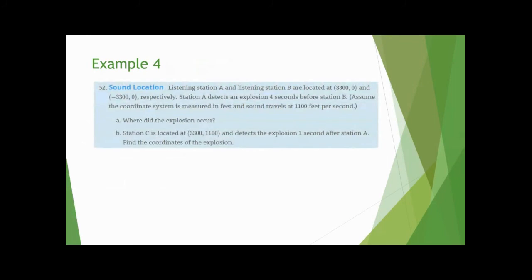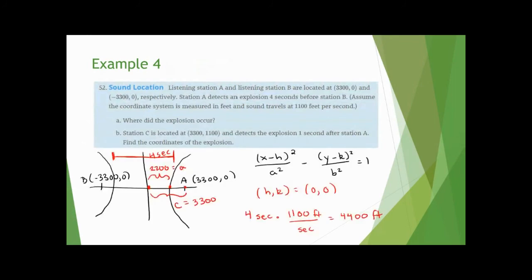And so the question going back here, where did the explosion occur? Well, we know it's on that hyperbola. And because A detected the explosion before B, it needs to be on the right branch. So we don't know the exact location.